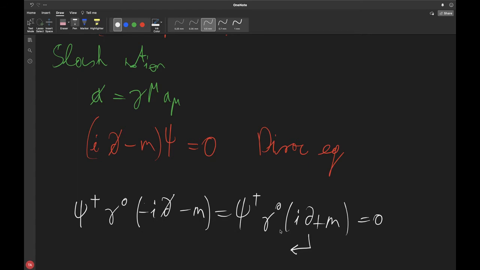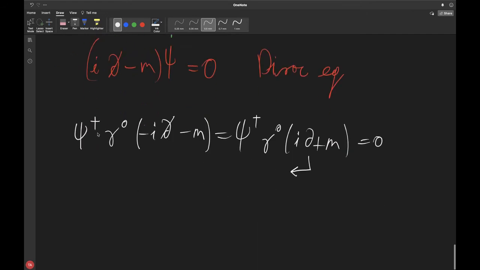And with this, we could define the so-called adjoint bispinor, by taking these two things together. The notation is a bar on the top of our psi.